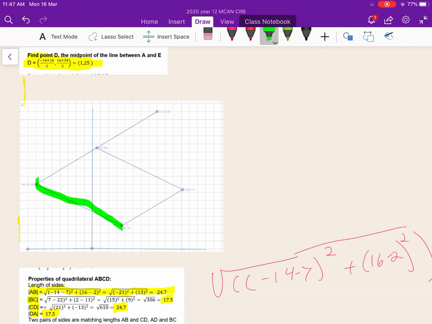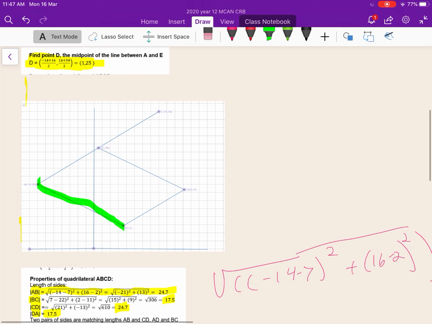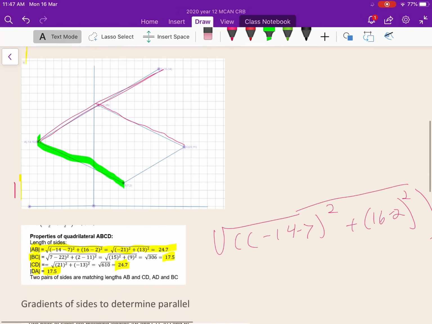And what was the question? We want to see how CD relates to AB and AE. So let's do that. How does it relate?